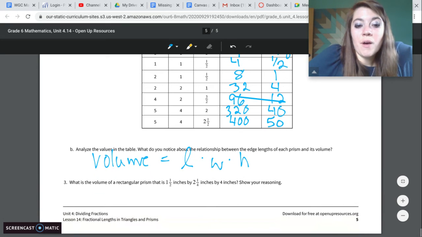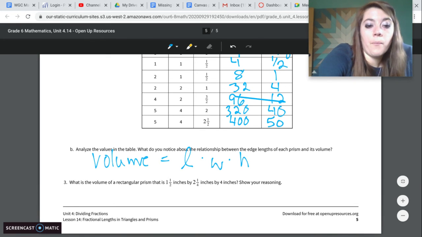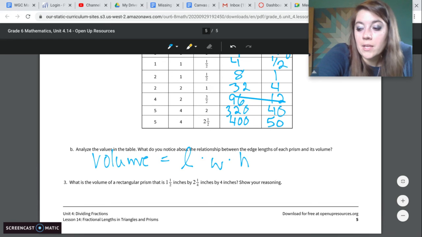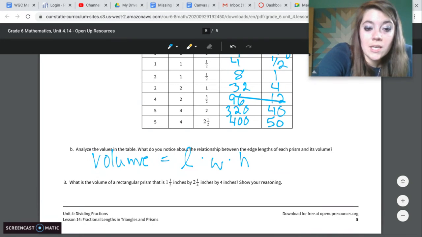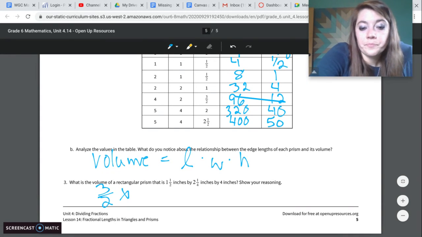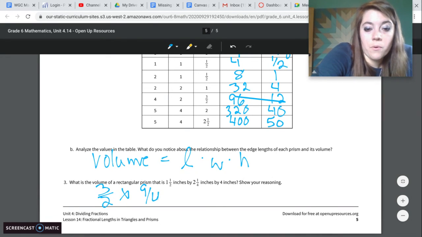So what is the volume of a rectangular prism that is 1.5 inches by 2.25 inches by 4 inches? Well, we're going to multiply these. So to make it a little easier, I'll convert them into improper fractions. So 2 times 1 is 2, plus 1 is 3. So we've got 3/2 times 2 times 4 is 8, plus 1 is 9, 9/4 times 4/1.